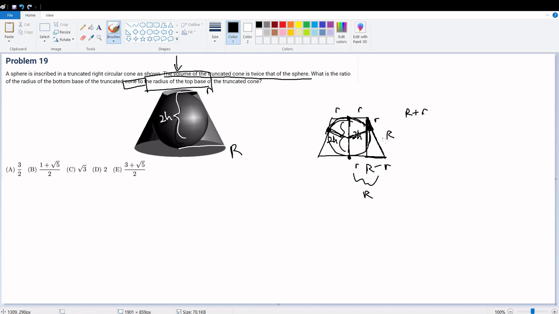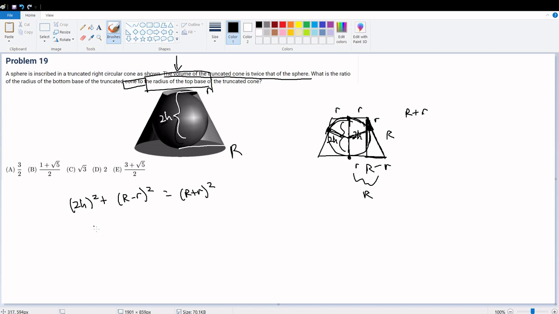And now we can just set up our Pythagorean theorem equation from this. We have 2h squared plus the other leg, big R minus little r, squared, is equal to big R plus little r squared. And I'm already liking the looks of this equation because it can be simplified by so much.